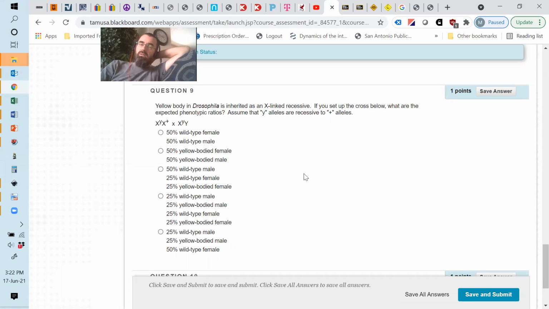So it might make a little more sense by then. What that's telling you is that the fly on the left is a female because it's XX, and one X chromosome has a wild type allele, plus allele, and one chromosome has a recessive y allele. So that fly is heterozygous.